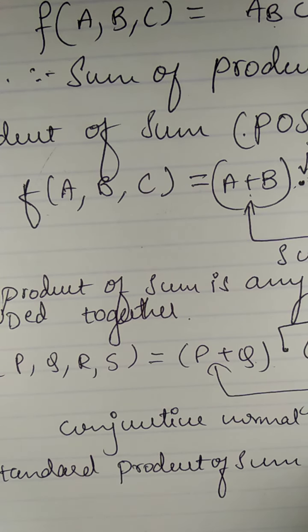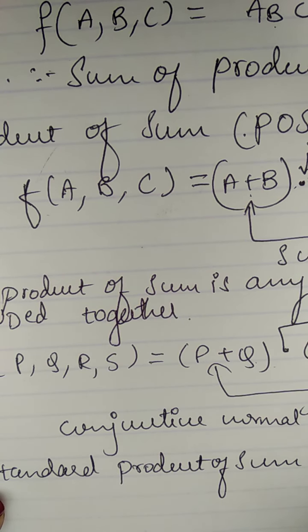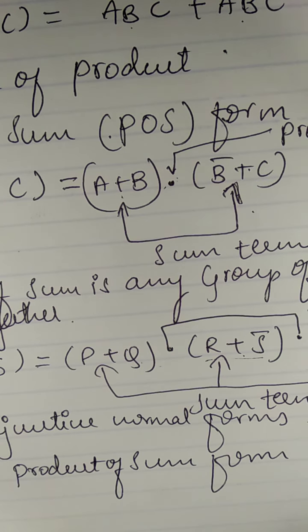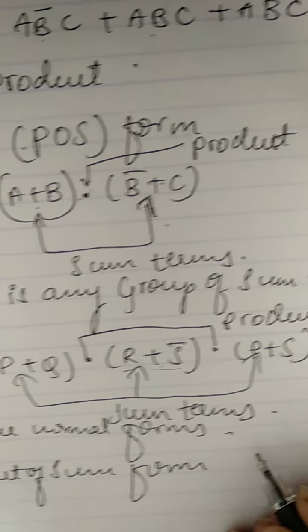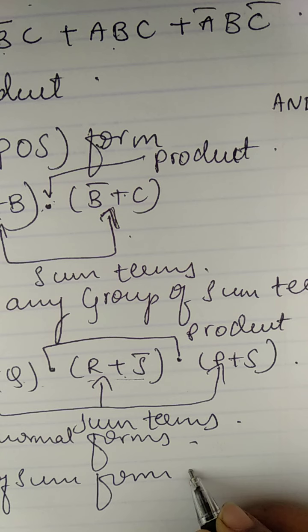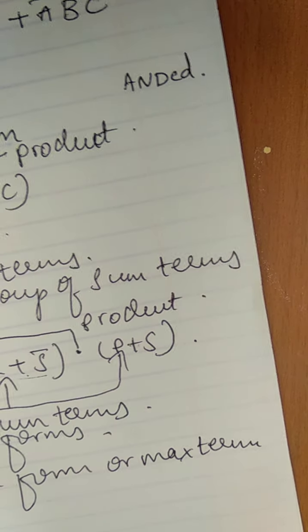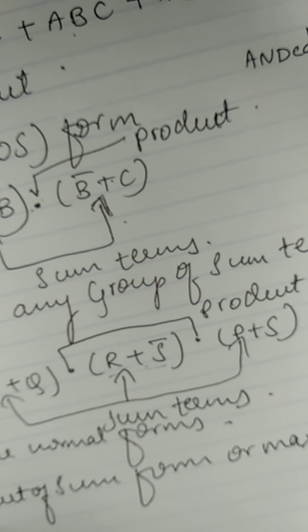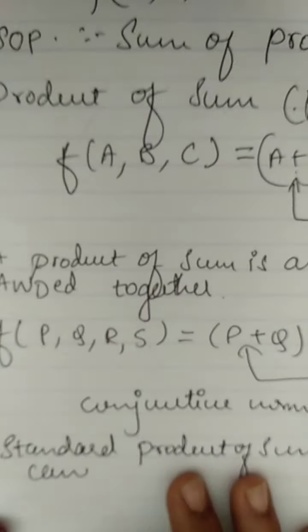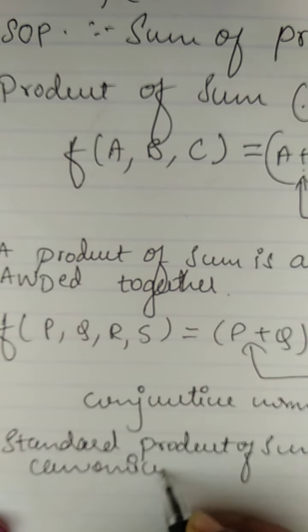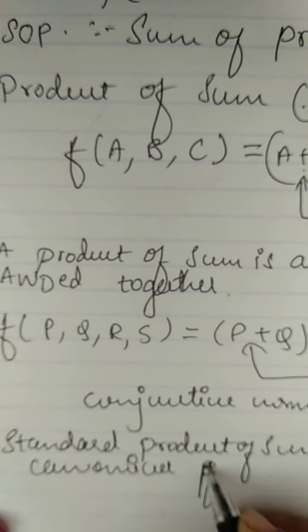Standard product of sum form is also known as max terms, canonical form.